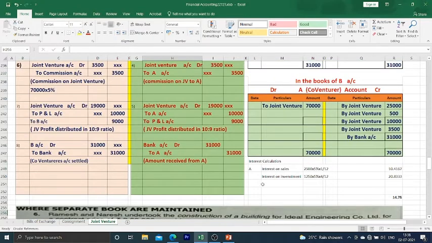Interest on advance: interest amount is advance amount 450 into 5% into 2 by 12. That also we will calculate.